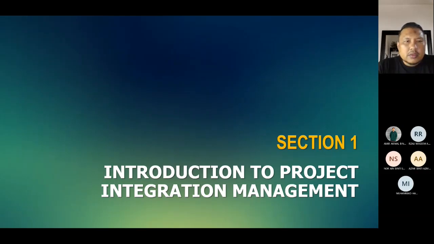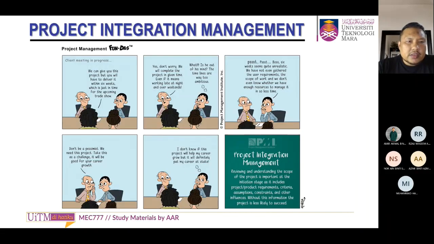subchapter 1, the project integration. This cartoon you can read yourself. In the small part, they say that reviewing and understanding the scope of the project is important at the initial stage, as it includes the project and product requirements, criteria, assumptions, constraints, and others.